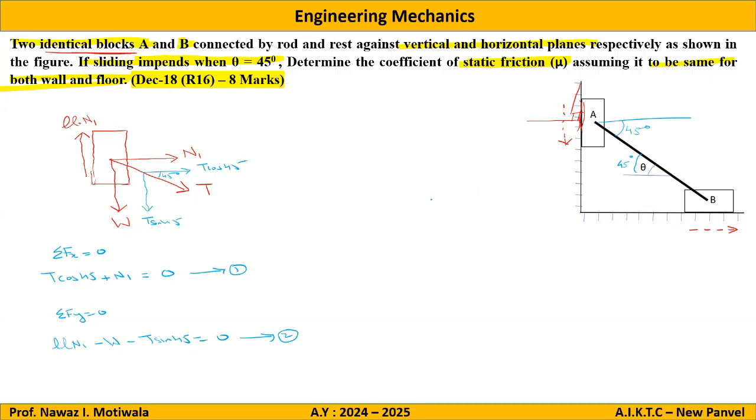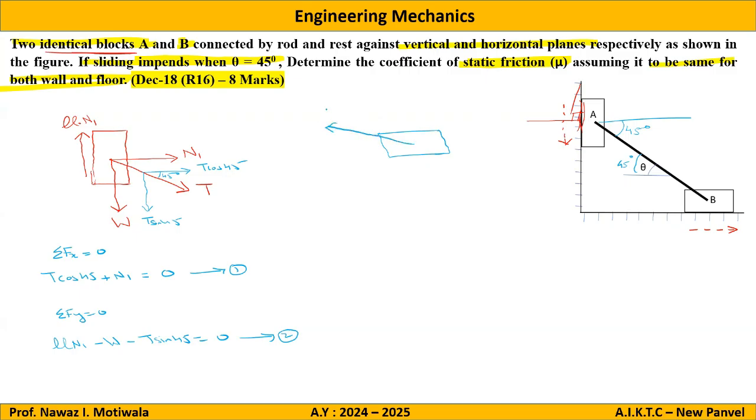Now, making the free body diagram of block B. For block B, again, I will isolate the block from all the contact surfaces. Then we have to show applied force, which is not there, but there is a rod which will be shown as a tension in the rod.